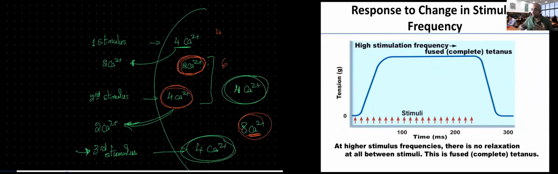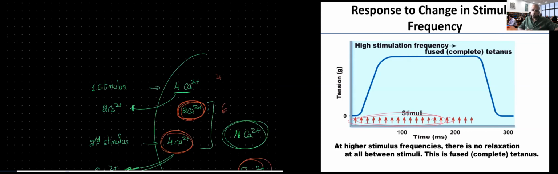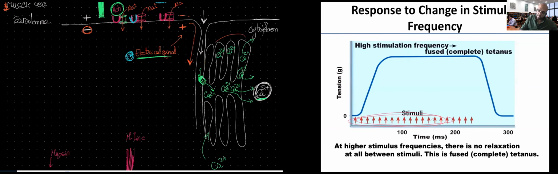What if you received a very, very fast stimulation, a very high frequency of stimulation? What's going to happen? You're going to cause the excitation of the sarcoplasmic reticulum, and this is going to result in a release of huge amounts of calcium out in the cytoplasm, binding to all the troponin, moving away all the tropomyosin, and you're going to reach the maximal possible tension in the muscle.